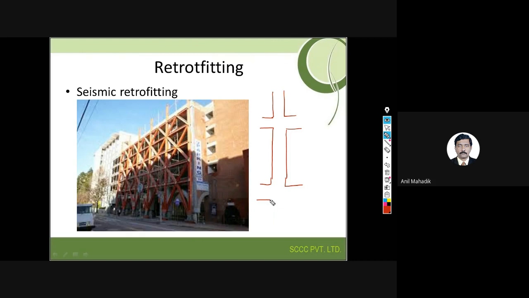Let me give one example of retrofitting. Let's say you have done the structural audit of the building, and the load coming on this column is, let's say, 1000 kilonewton. How do you understand the loads coming on the structure? Through analysis. Yes or no? Where do you get the loads? Through analysis.